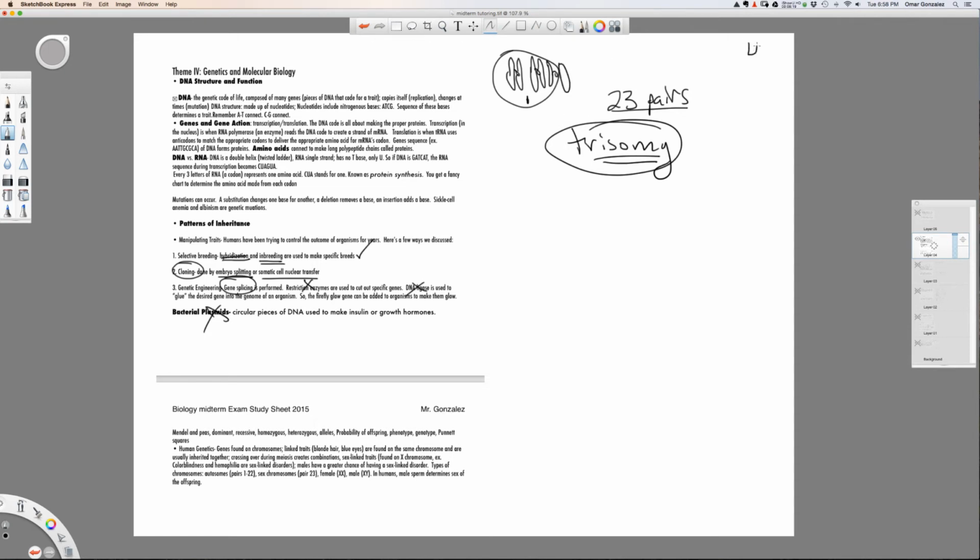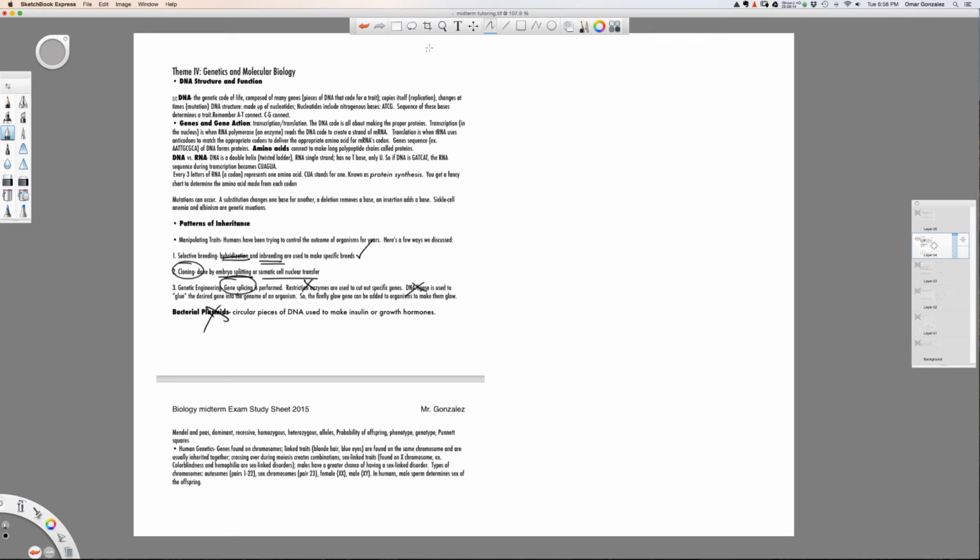So instead of having a total of 46 chromosomes and being normal, they have 47. The example that we basically said was Down syndrome. Down syndrome is trisomy 21 because it's the 21st chromosome that is tripled. So that's what we talked about there, about a chromosome disorder.